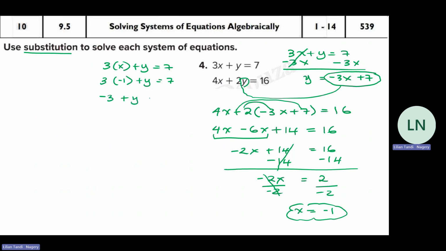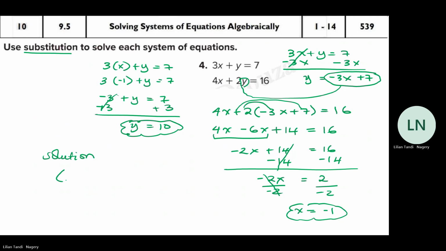Negative 3 plus y equals 7, plus 3, plus 3. y equals 10. Then I'm going to write solution negative 1, 10. And I box my answer. I put here x and I put here y.